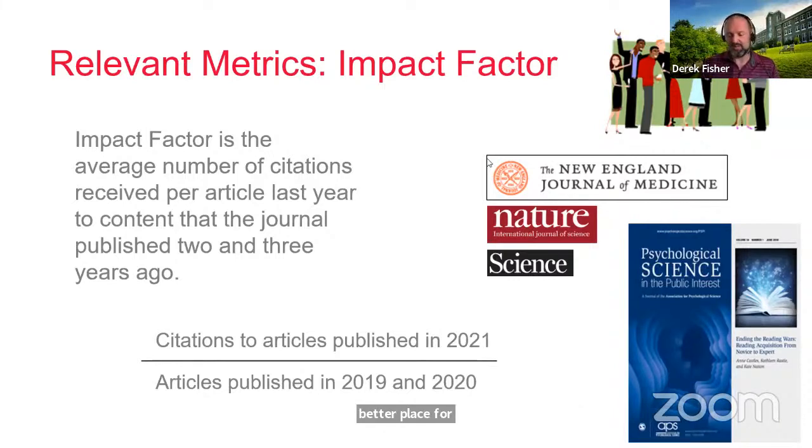So as much as impact factor has its place, I just want to make the point that it's not the only thing, and it shouldn't be the only factor in determining the best place for your research, because oftentimes the lower or mid-range impact factor journals can be a really great spot as far as getting your work out there.